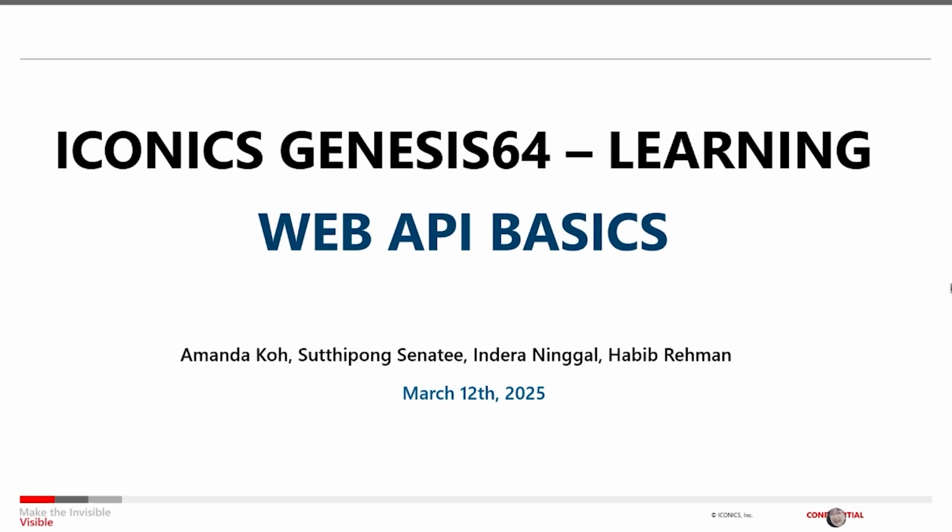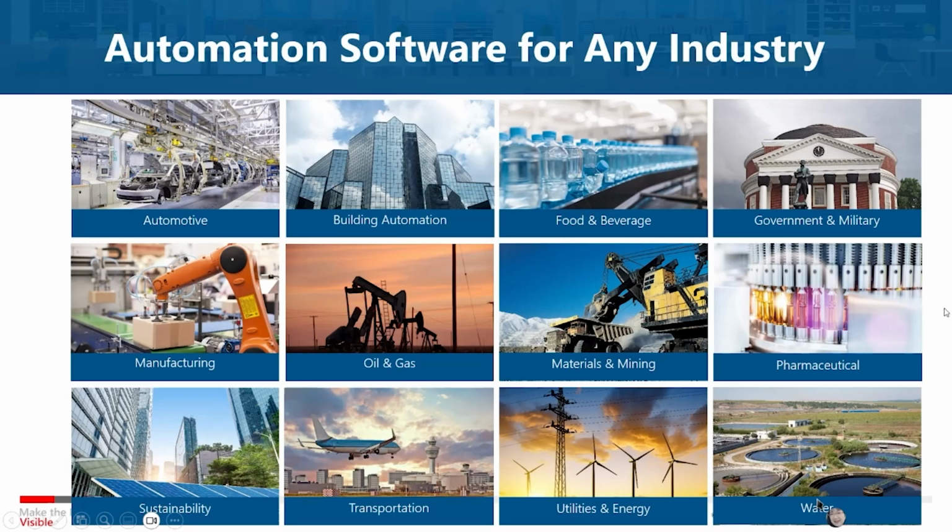I'm going to be giving you some introduction about Iconics. Iconics software has been widely accepted within several vertical industries: automotive, building, food, pharmaceutical, transportation, water, wastewater, and many other industries, including manufacturing and factory automation as well.